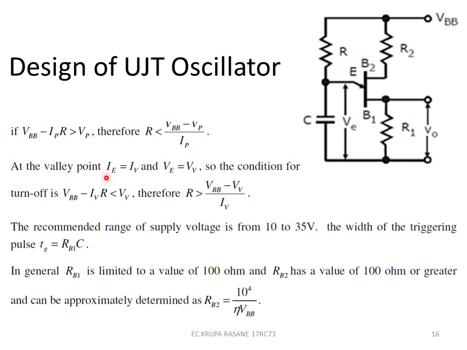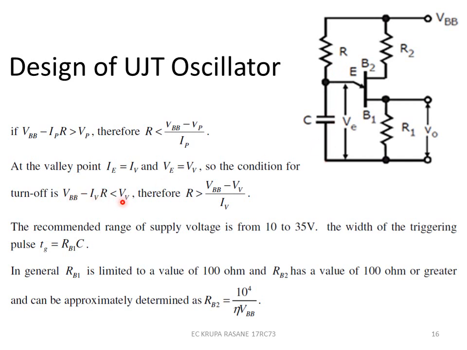At the valley point, the current flowing is IV, and the voltage developed across the capacitor will be equal to the valley voltage. This was the condition for turn on, that it should be on the right side of V peak. For the valley point, VBB minus the current flowing, IV, into R, which equals the capacitor voltage, has to be less than VV.